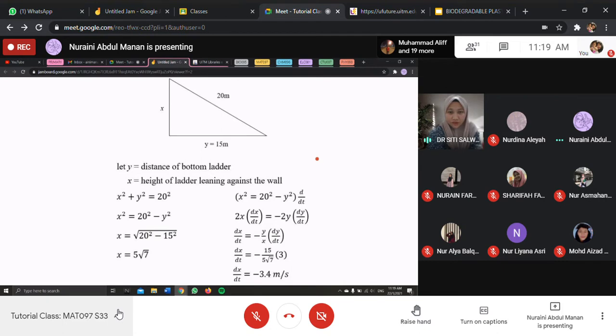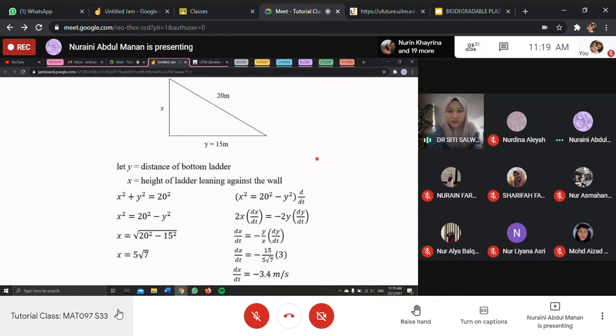So equation you actually kat sini x square equal to negative y square kan. Okay, dy dt. Okay, kat sini kawan you dia bawa pergi sebelah ni y ni, and then kita differentiate you punya equation ni with respect to t lah. Okay, so you punya x square you differentiate you akan dapat 2x, so dx over dt lah.